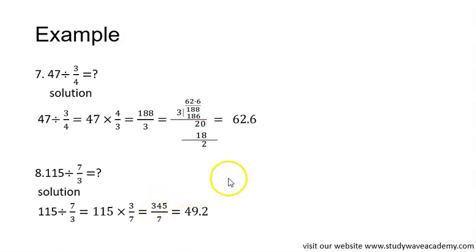Then you do the long division if you want to get to a decimal. Do you understand? When you do the long division like this, you get your answer 49.2. Okay, so 115 divided by 7 over 3, our answer is 49.2. Okay, do we understand?